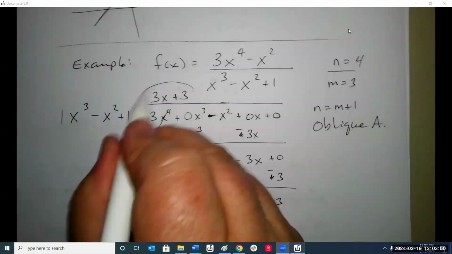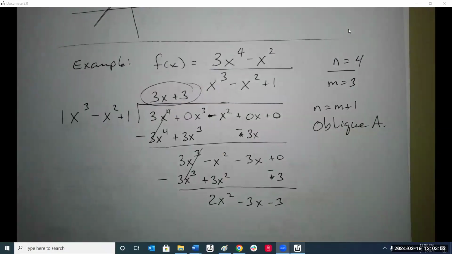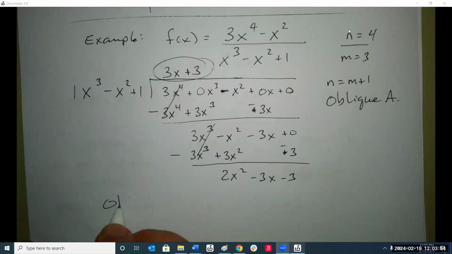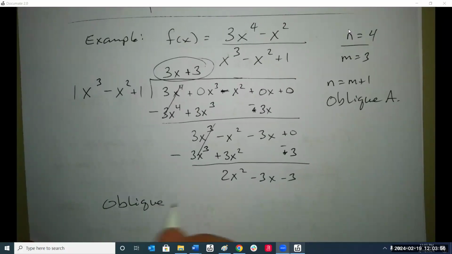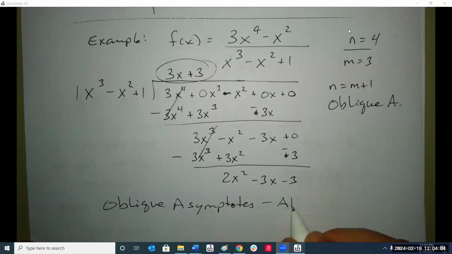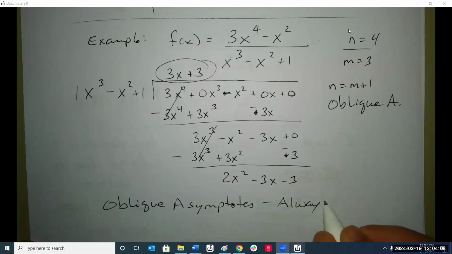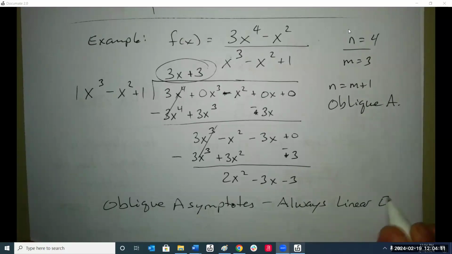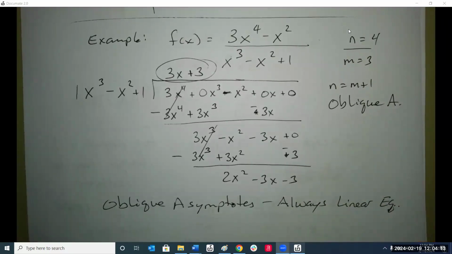But this is all remainder because it's smaller than that. Oblique asymptotes are always linear equations, since it's one less than the top, it'll always cancel out.